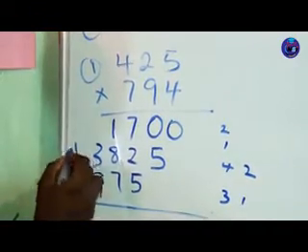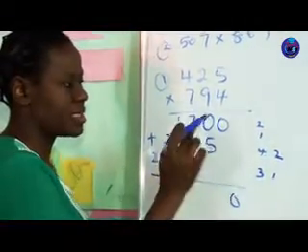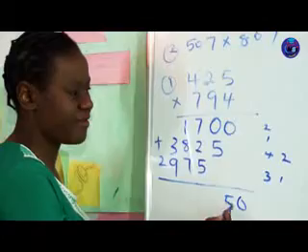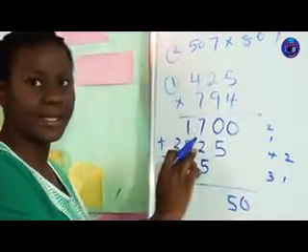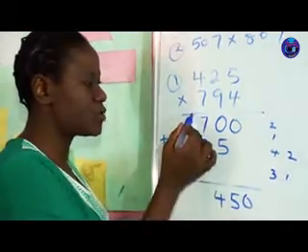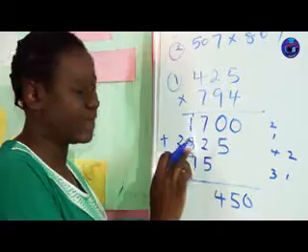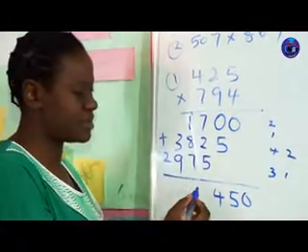Now I add up. 0 plus 0, 0. 0 plus 5, 5. 7 plus 2, 9. 9 plus 4, 14. Write down 4, lift 1. 1 plus 1, 2. 2 plus 8, 10. 10 plus 7, 17.